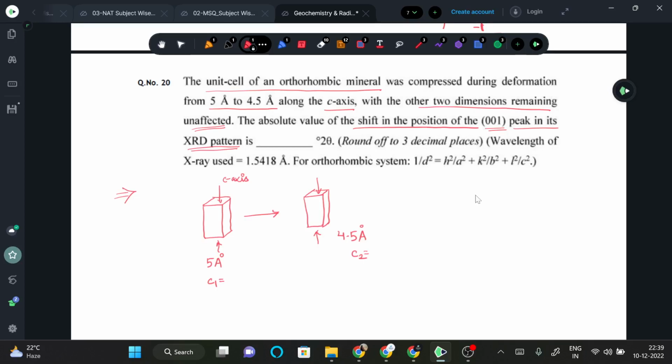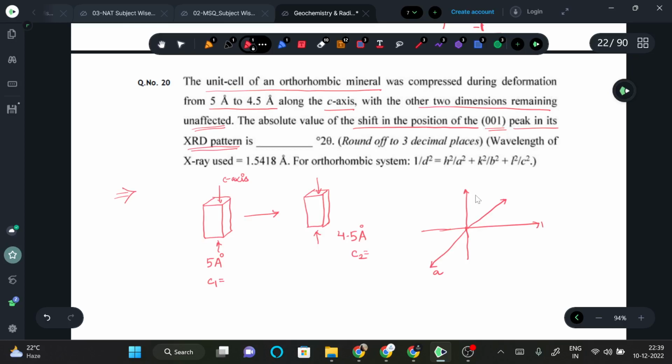Now 001 is a face of the crystal. So how should 001 look? If this is, let's say, A, this is B and this is C. So where should I plot the 001 face?